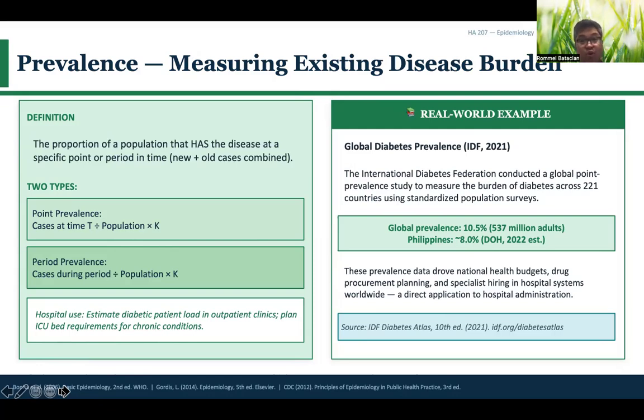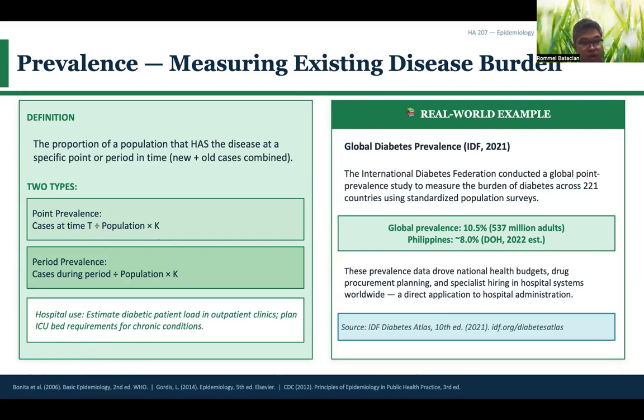We're asking who is sick right now. So there are two types of prevalence. The point prevalence answers the question, how many people have the disease at this exact moment? The formula is cases at time t divided by the population times K. So again, it's per 1,000 or 100,000 individuals.